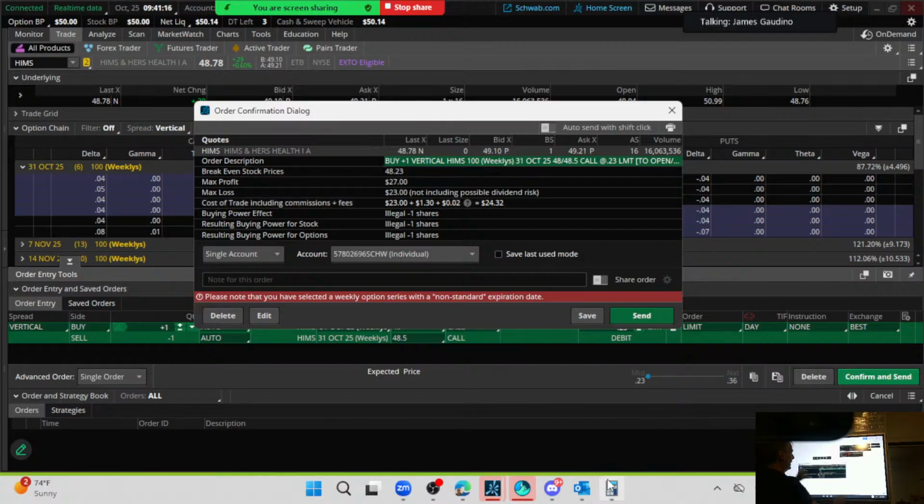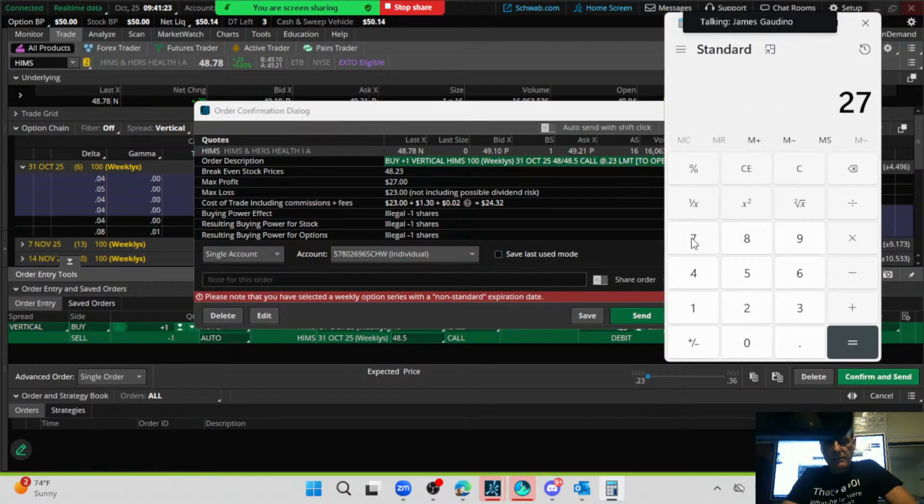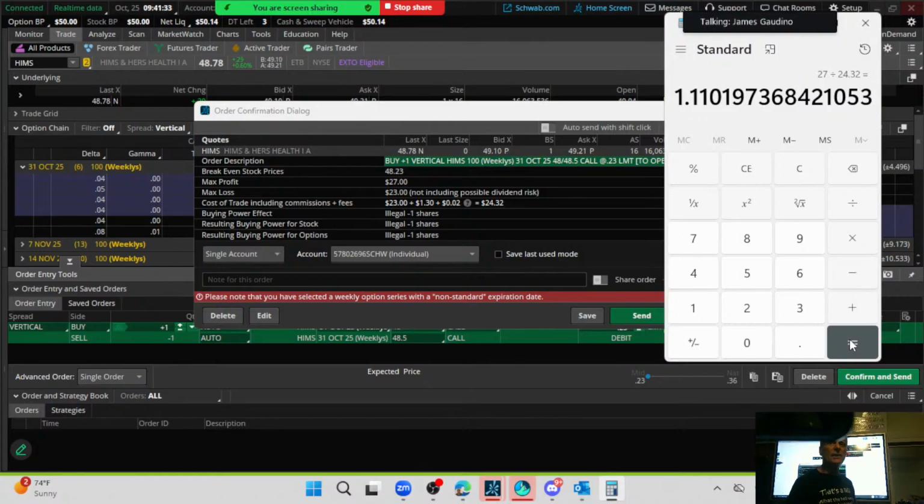Rate of return for this one. So the calculator. My investment is 24. That gives 111%.